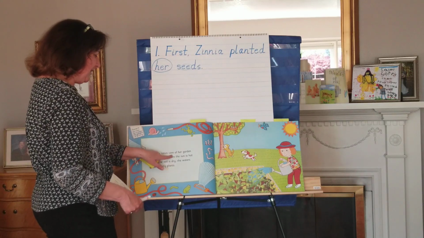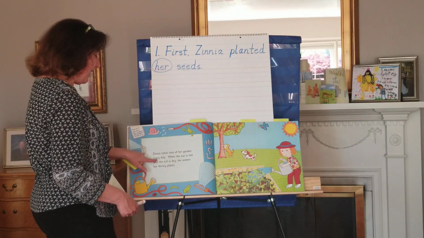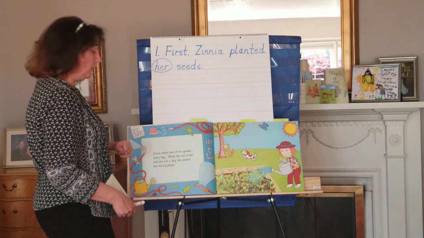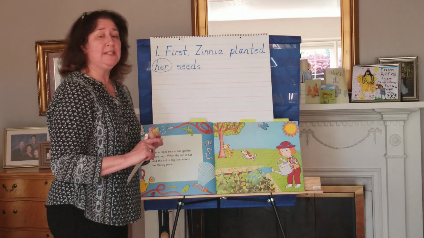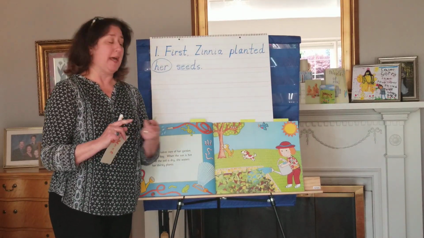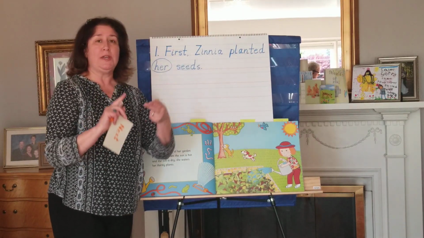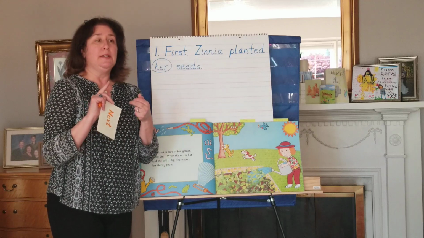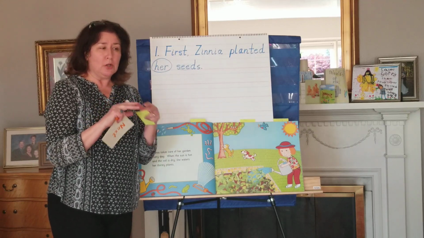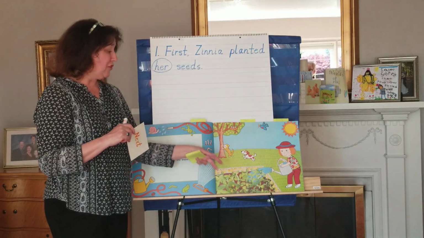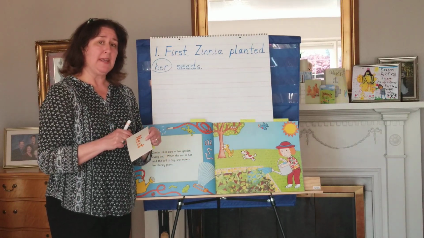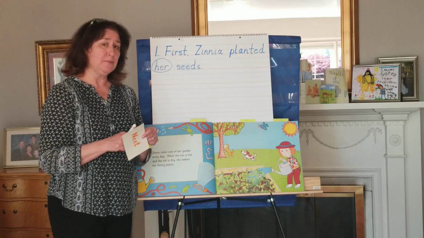Zinnia takes care of her garden every day, okay? So Monica Wellington tells us a lot of ways that she does that. She has to water, she has to pull the weeds, she has to look carefully at the buds. But what she's doing is she is taking care of her garden.